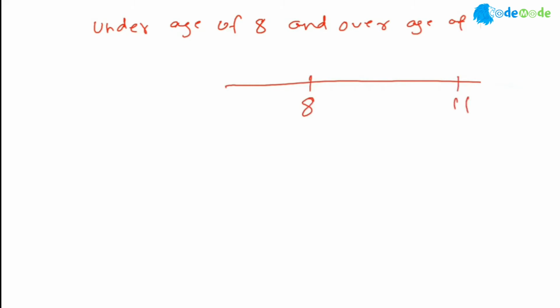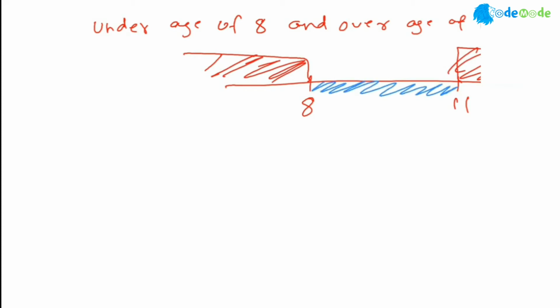You are trying to find out everybody who is in this part or this part, right? In another way, here you can see the use of not. I can take this block and negate it. That means I'm excluding everybody between 8 and 11. That is what it means.